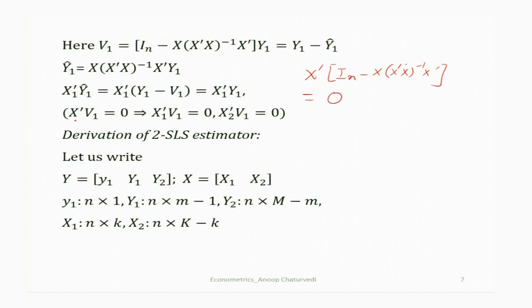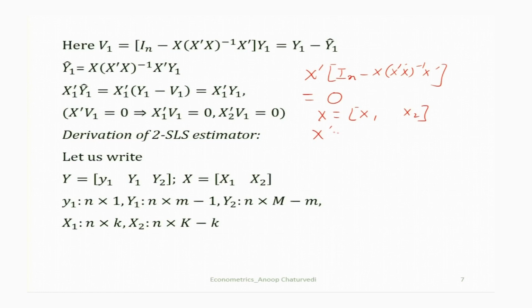So, this shows that x transpose V 1 is equal to 0, and then this implies that x 1 transpose V 1 is 0, x 2 transpose V 1 is 0, because you can write x equal to x 1 x 2.